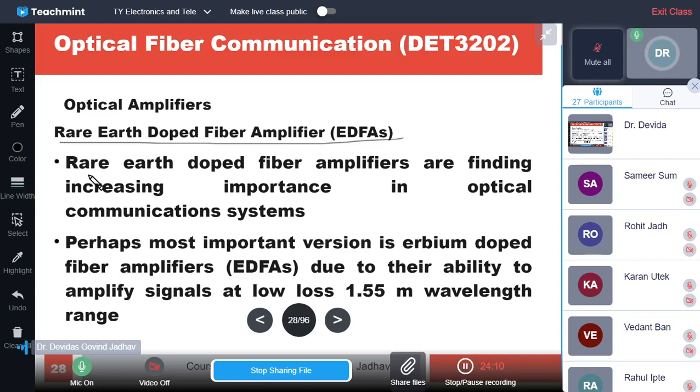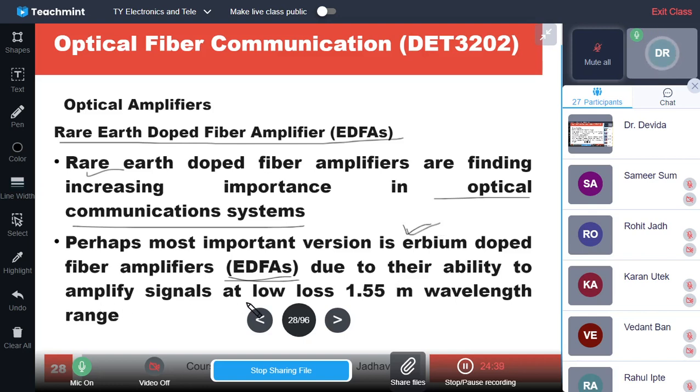So rare earth doped fiber amplifiers are finding increasing importance in optical communication. Perhaps the most important version is the erbium doped fiber amplifier. EDFA is most important. Other rare earth metals are also doped and those fibers are available, but the most important is the erbium doped fiber amplifier.